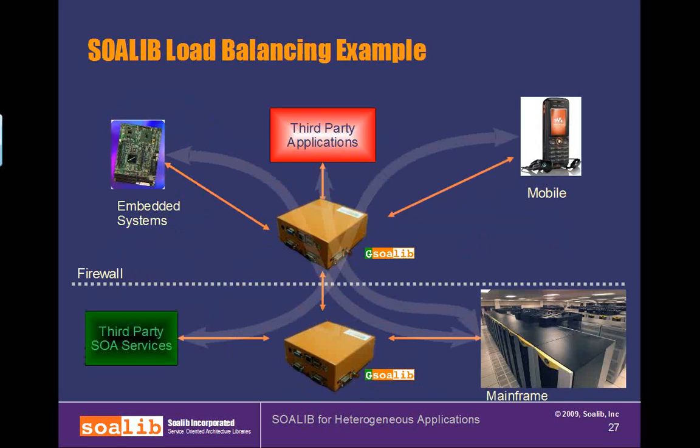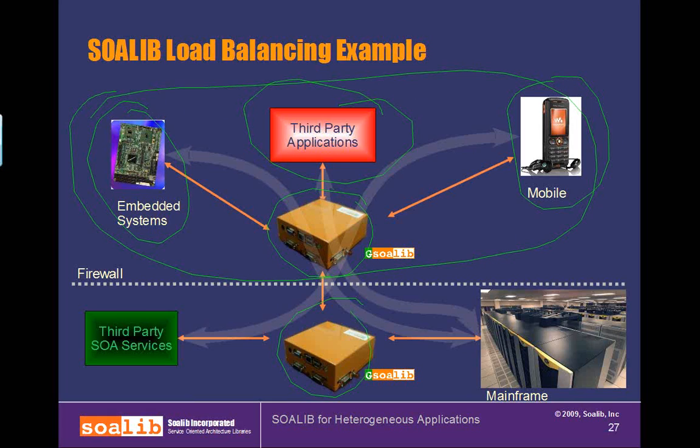Finally, the load balancing API services which can be used. You can actually cascade multiple SOALIB services to load balance them. In this, the first SOALIB service, embedded systems, is connected to mobile devices and also a third-party application.